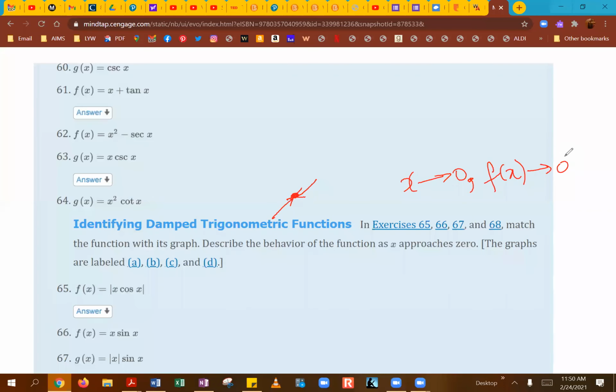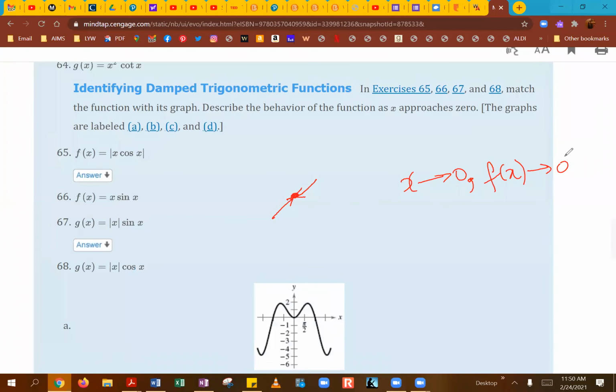So that's kind of what you're going to have for number 66 over here. Graph P, and then what kind of behavior your function is doing.